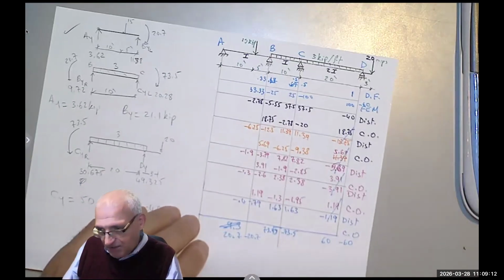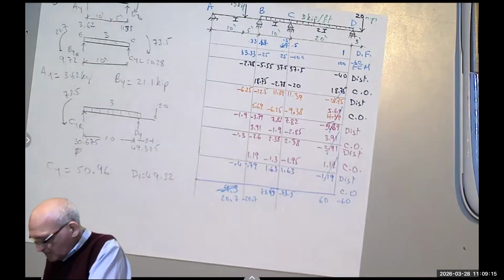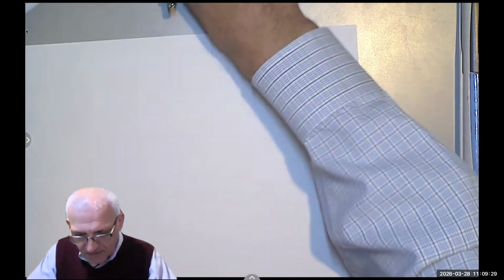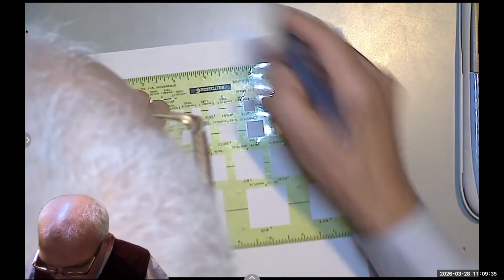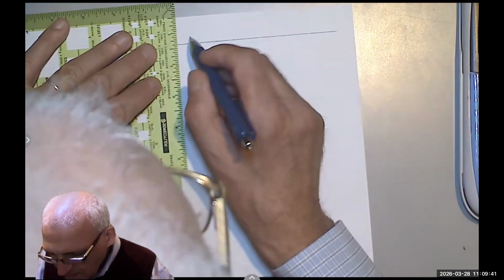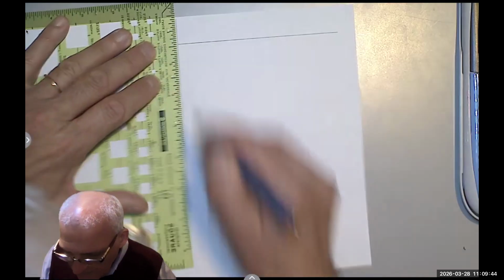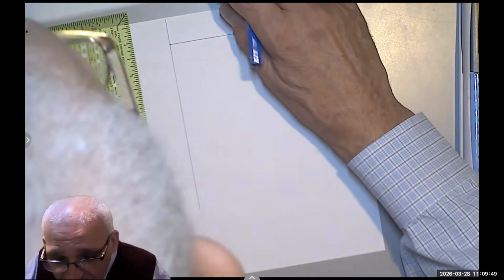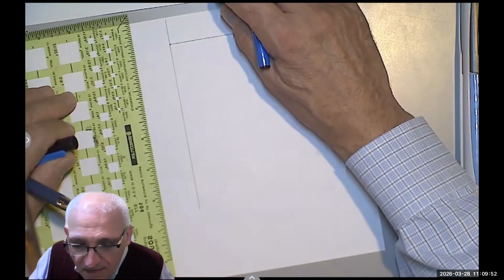So let's get a new paper and draw the shear and bending. Let's do that here. Not up to scale. We don't have time. I don't want to waste your time. So here is the reaction, which was just 362, right?